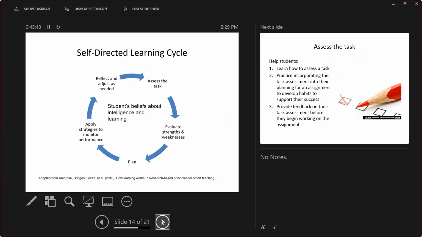And then the self-directed learning cycle. It's the students' belief about their intelligence and learning. And we're going to talk about the different phases of the self-directed learning cycle and techniques that you can use to move students through this cycle in the class.